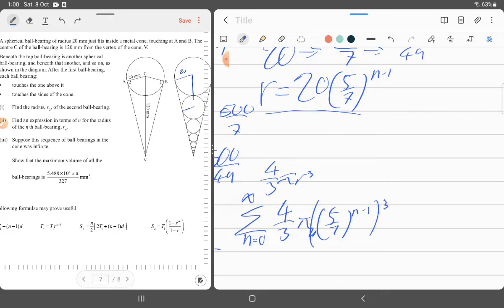N equals 1, n equals, oh no, this is n equals 1. N equals 1, then that's true, then n equals 2. Then is pi r cubed.